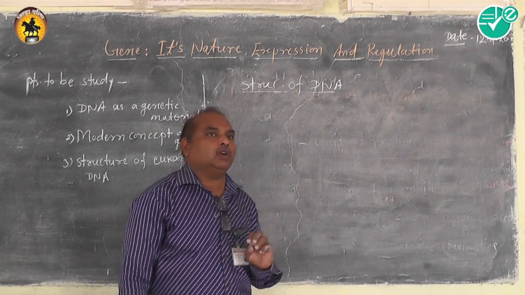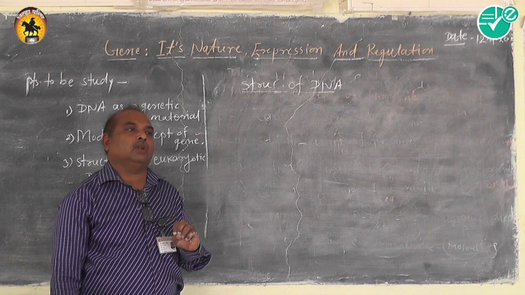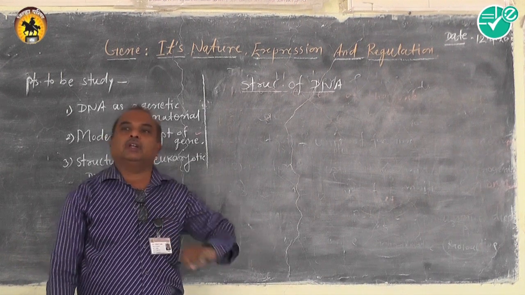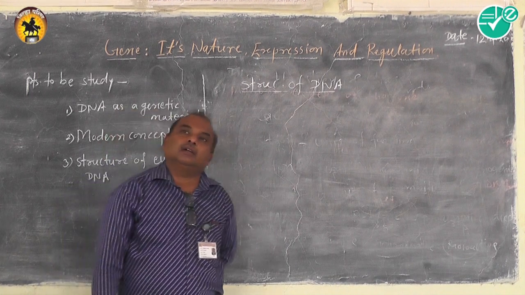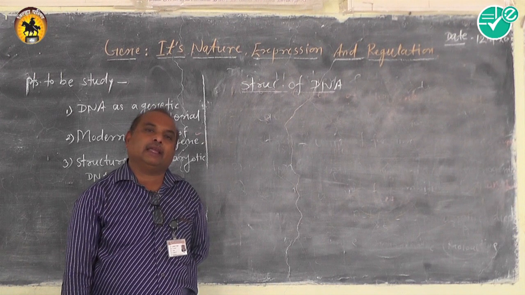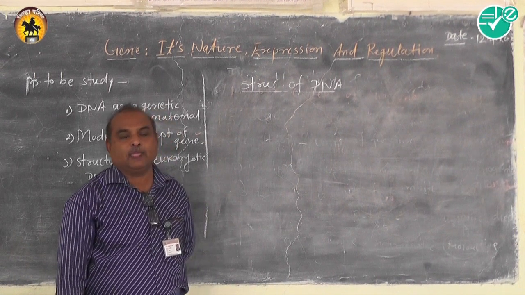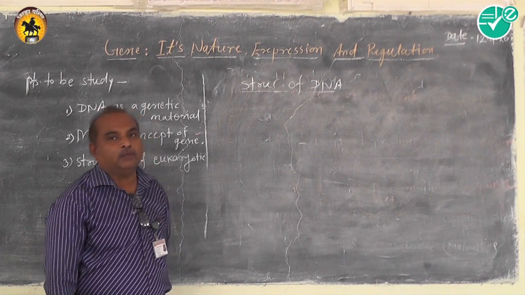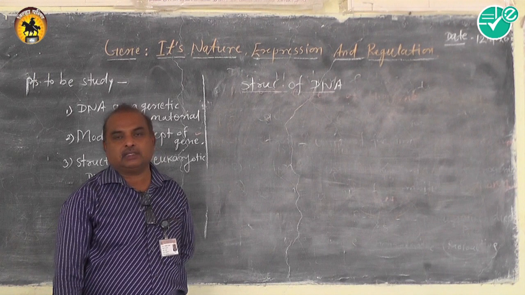Watson and Crick observed that the DNA is a spiral ladder-like structure having two strands which are running opposite in direction but parallel to each other, so called anti-parallel strands.